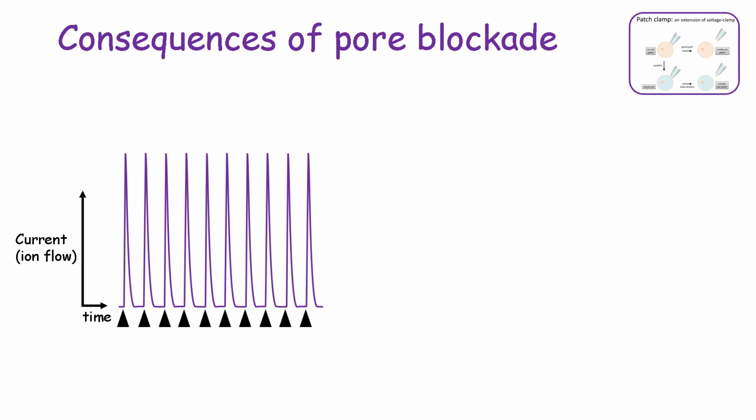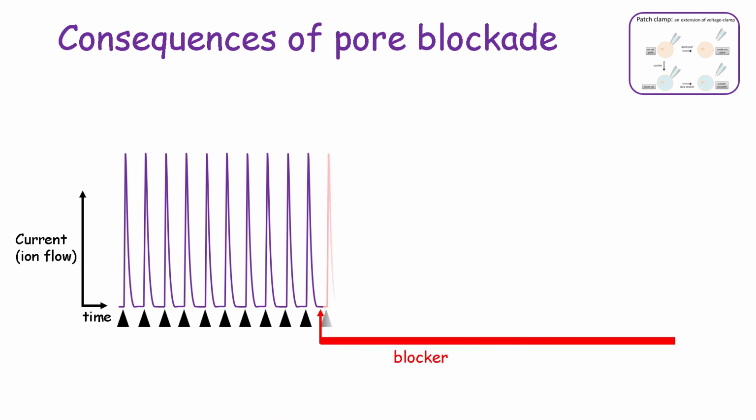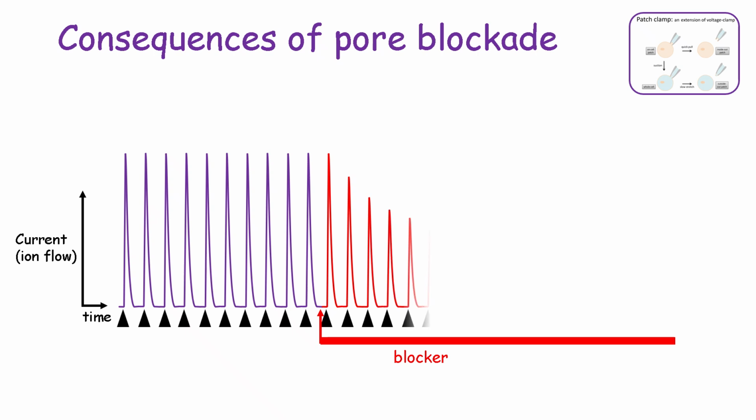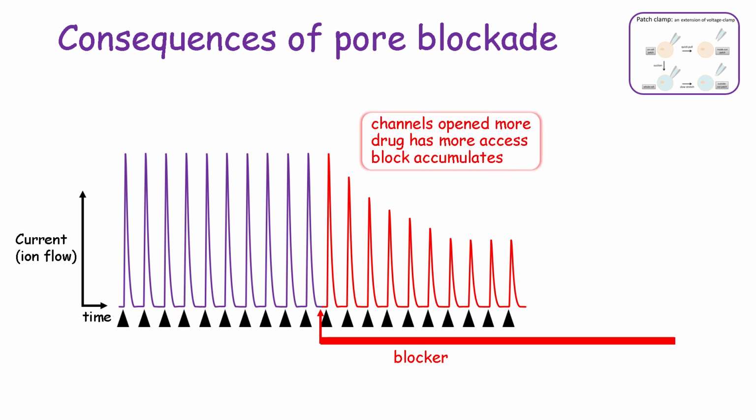Now let's see what happens when we increase the frequency of stimulation. This time, when the pore blocker is added, the peak amplitude of the current gradually decreases with each stimulus until it stabilizes at a lower plateau. This occurs because more frequent channel openings increase the likelihood that the drug will enter the pore and bind.